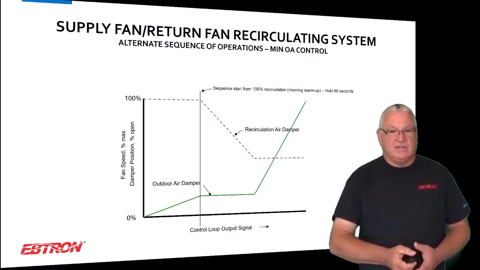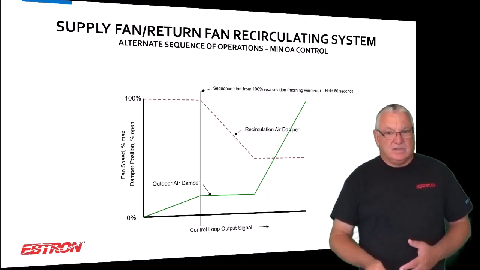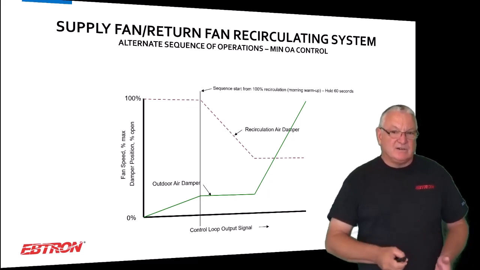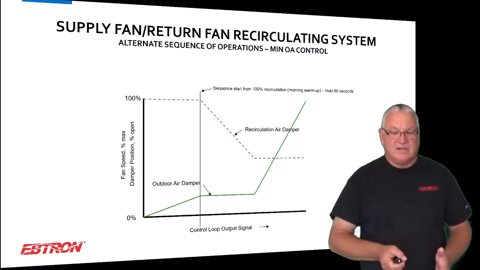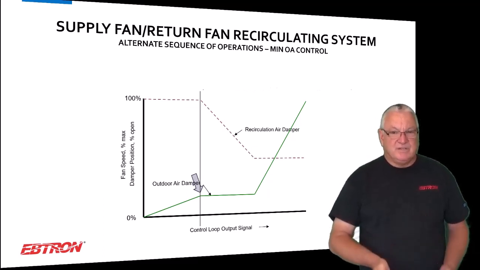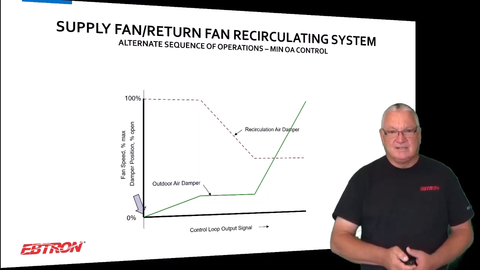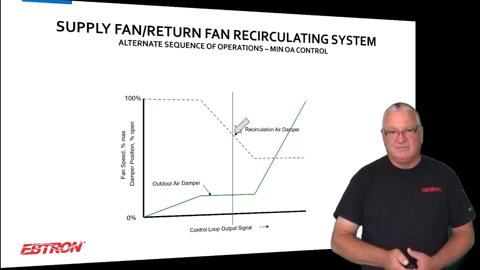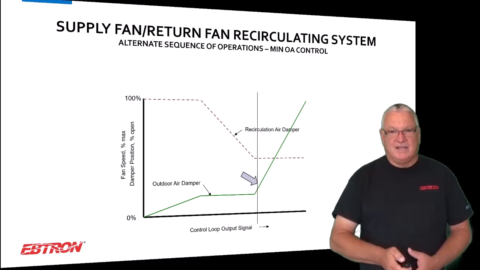Okay, the only difference here in this alternate is you don't have a return fan to use as your friend because you're using your return fan to maintain building pressure. So you're simply doing this with dampers. Okay, and it's the same thing we talked about before. All right.